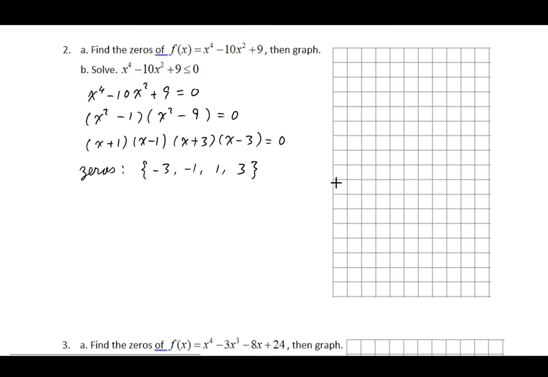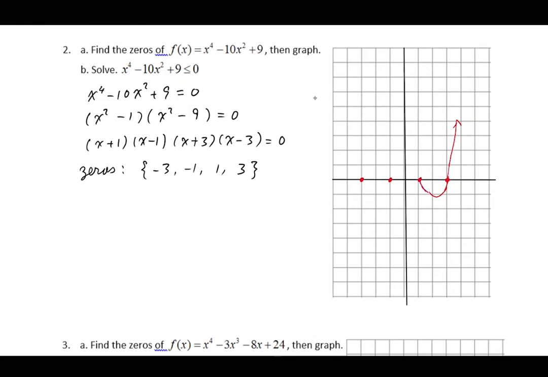Let's put it somewhere here. So we have negative 3, negative 1, and positive 3. Once again, this thing started with a positive sign, so it will come down from here, go through this point, and this time it will behave pretty normally and go through that point.